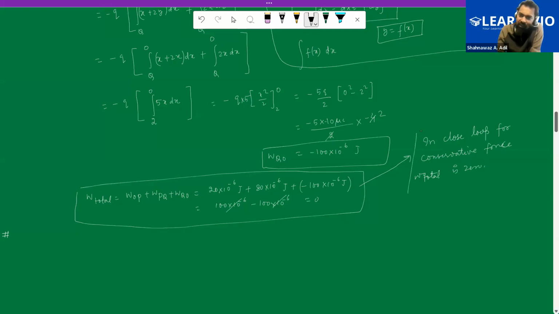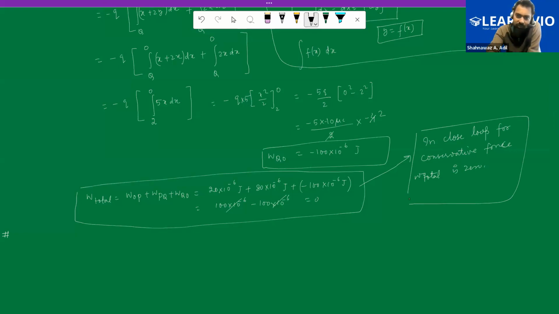If they only ask one part, from P to Q or Q to O, then you have to calculate. But in a closed loop, if they ask, then you just write 0, right? Without any calculation. Yeah, done, guys.